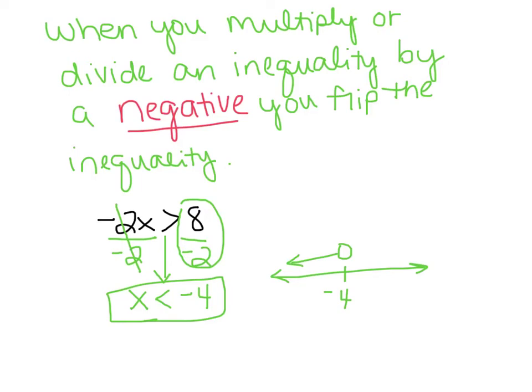Okay, so let's look at another example. I don't like to write with red, so we'll make it blue. x over 3 is less than negative 2.